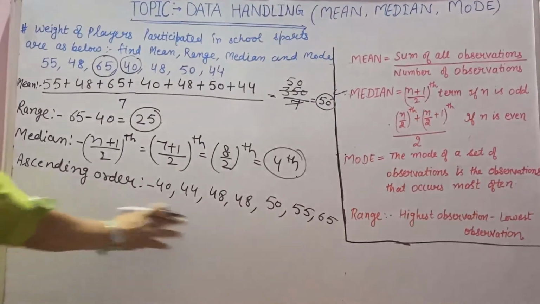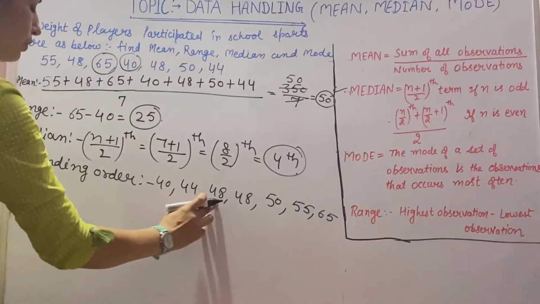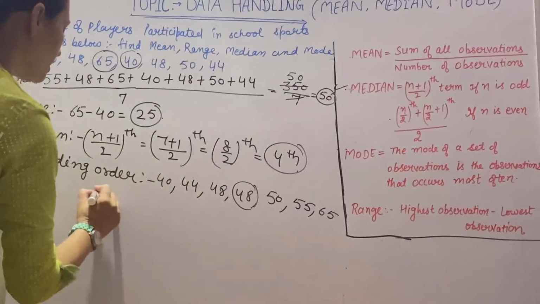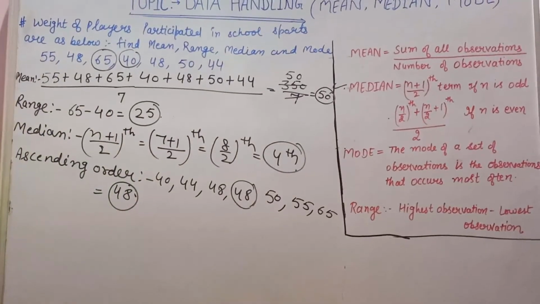This is the ascending order and the fourth term is our median. 1, 2, 3, 4. That means 48 is the median in this question.